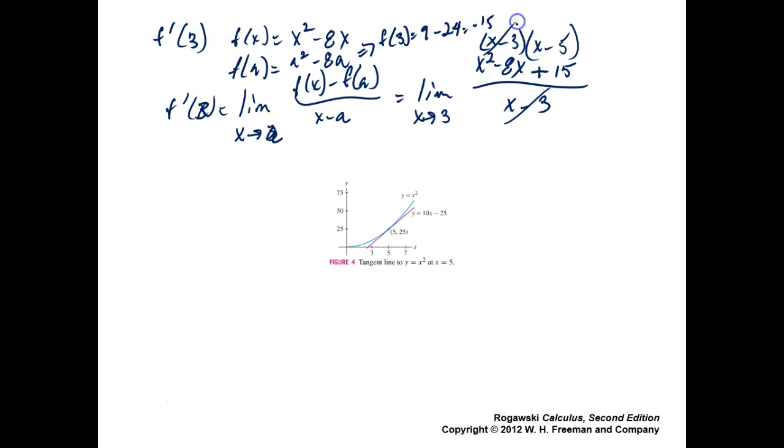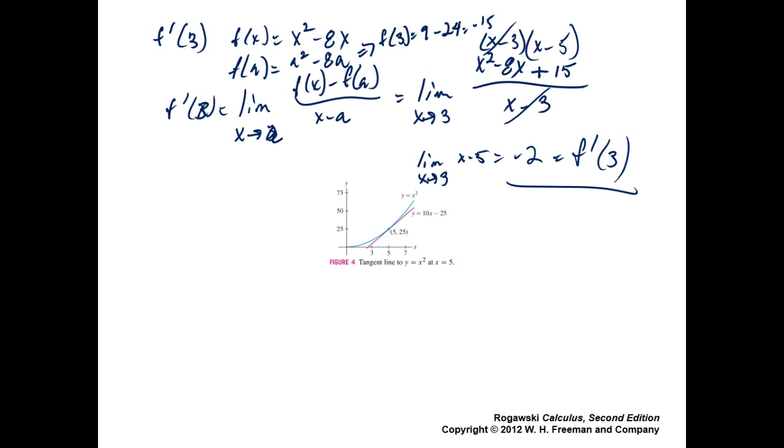Okay, x minus 3's go out. And what's that limit? Negative 2. So that is your f prime of 3. Okay, is that what they asked for? Yes. So f prime of 3 is equal to negative 2.